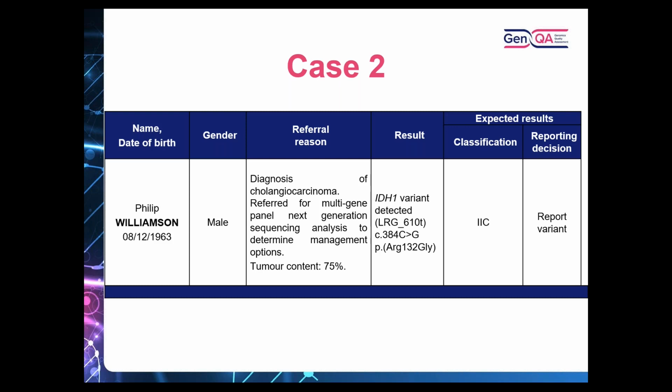In this case, there was an IDH1 variant detected, an arginine 132 to glycine change. And again, our expert classification of this case was as a 2C. I'm going to pass over to Pauline as to why we classified it as a 2C.